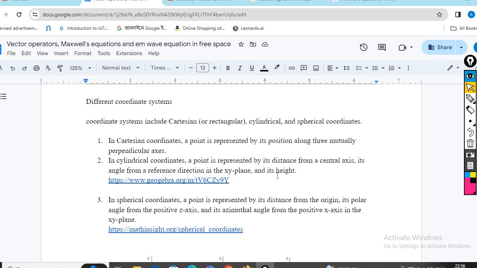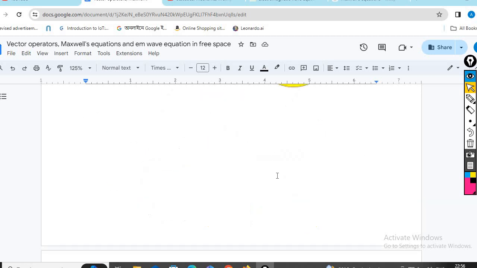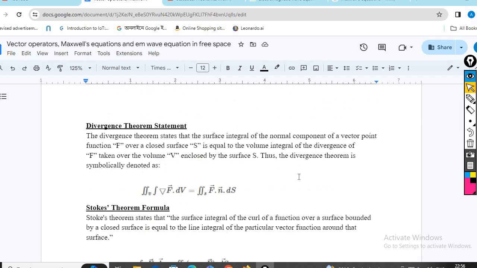Now here, we need to think about three important coordinate systems. But before the coordinate systems, let me just talk about this integral part. You have the elementary dx, dy and dz.